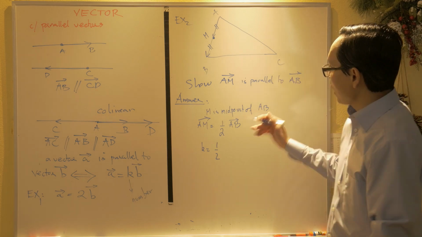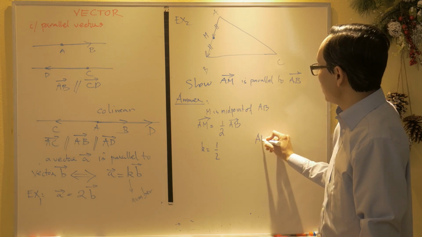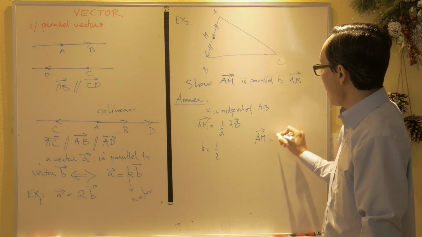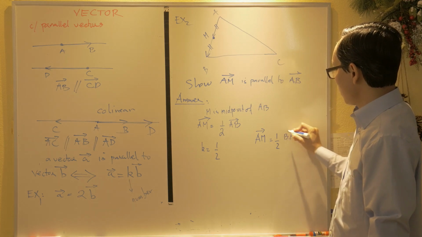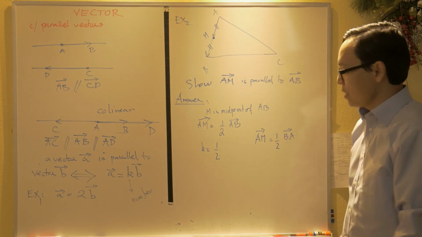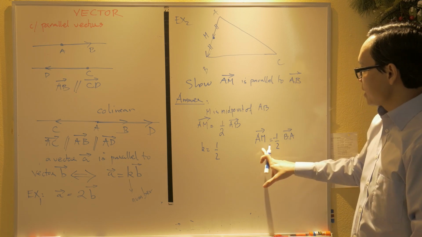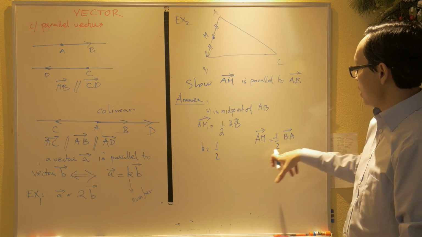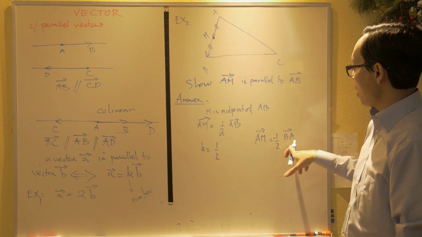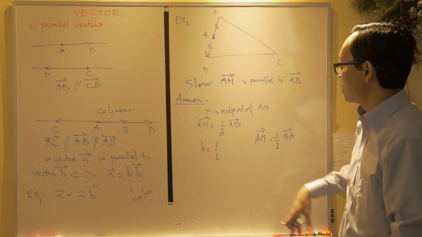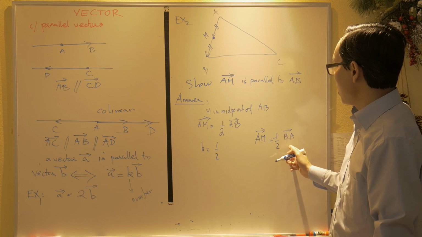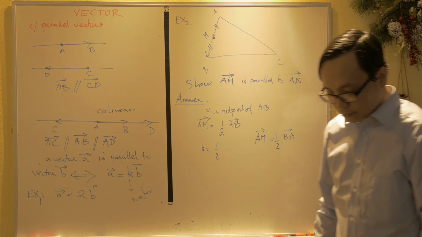For example, I can write AM is negative half of vector BA. So I can say that vector AM is also parallel to vector BA, because this is a negative scalar number times another vector.